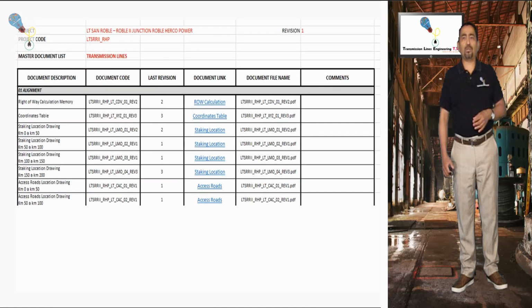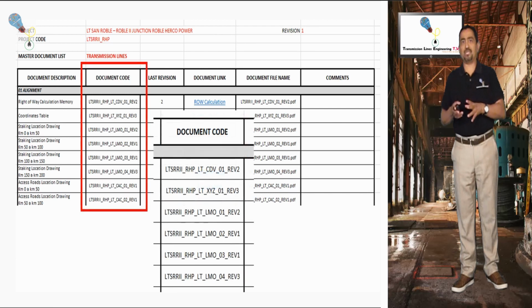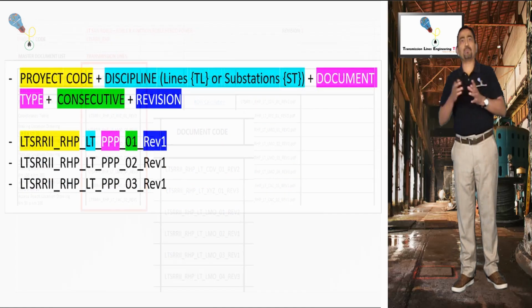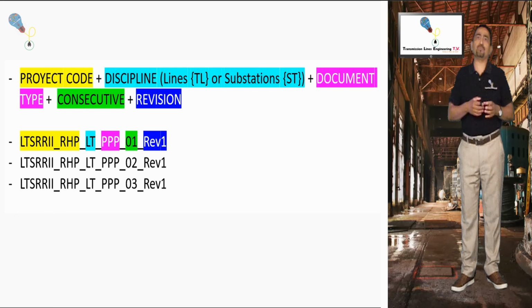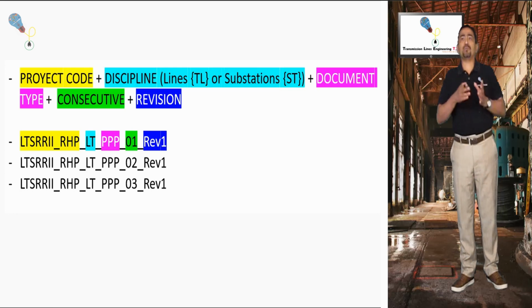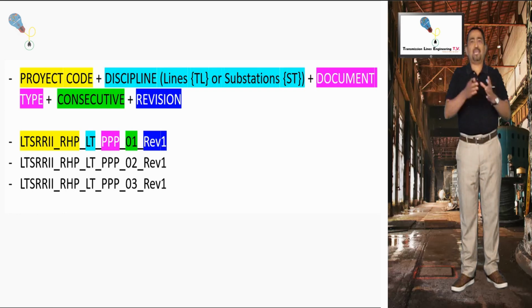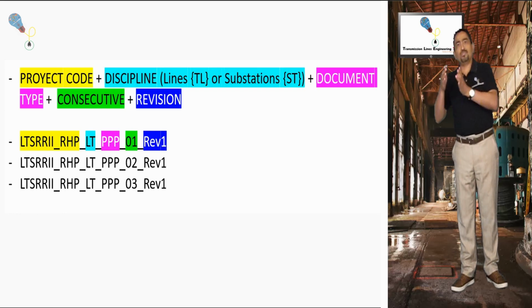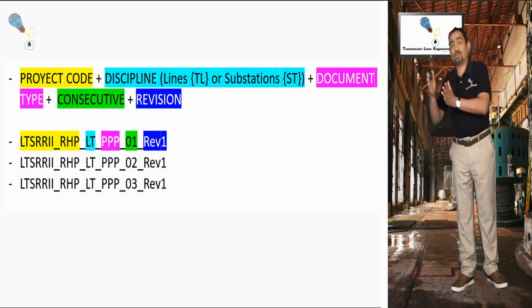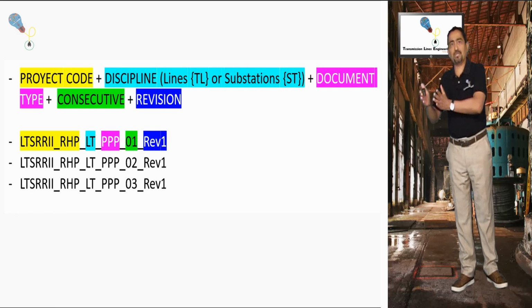Column document code. Each document, either be a calculation document, a drawing, informative document, etc., is referred to its previously established code, which will have a consecutive number and its revision under the syntax project code, area, document type, consecutive, and revision.